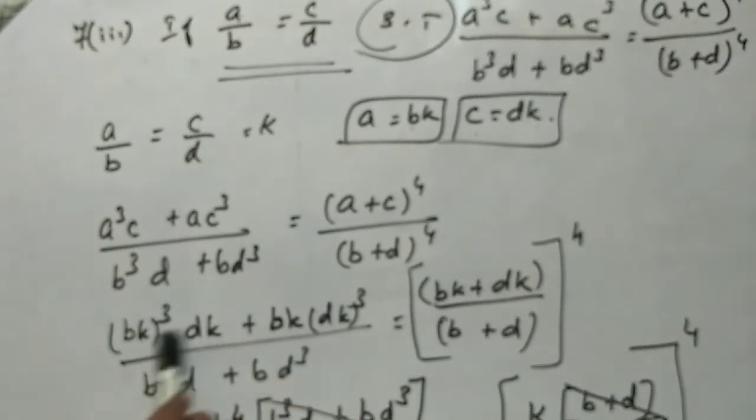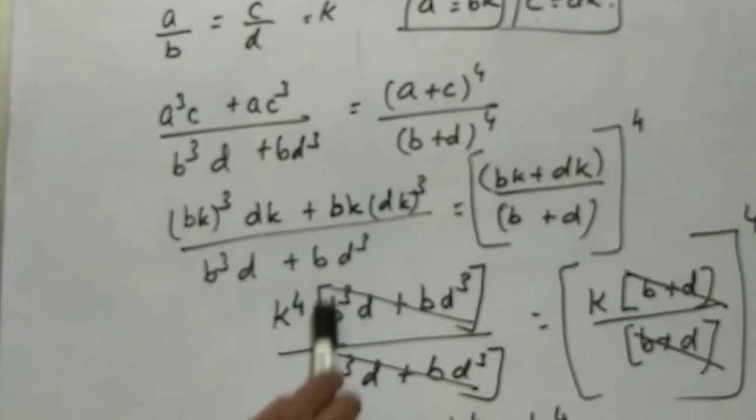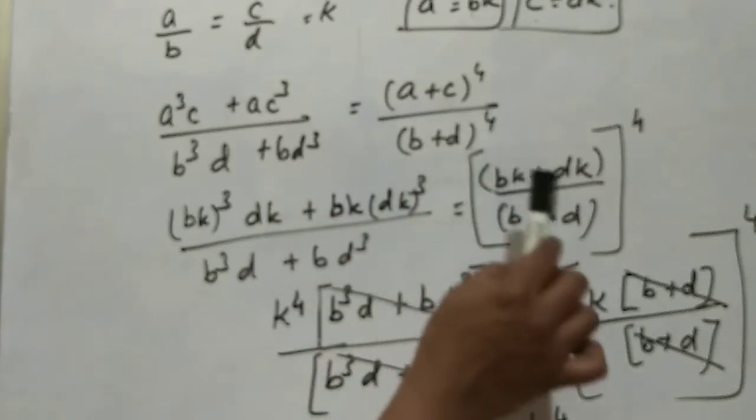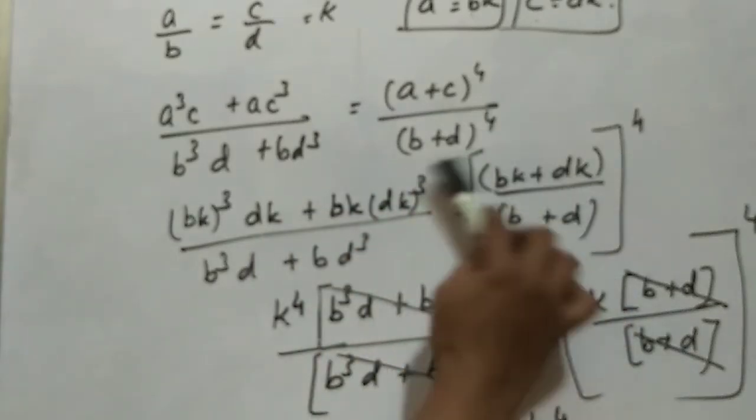Now, take out in both, k power 4 is common. Okay, and b and d also we can take out common, because whatever in the bracket, same elements in the denominator also we have. So, both the brackets are same, we can cancel it. You will get k power 4. Same way here k common, take it out.